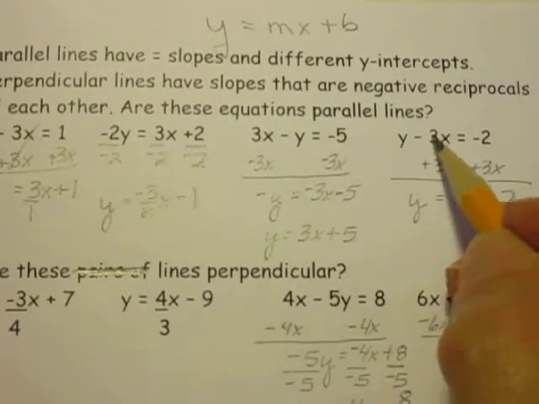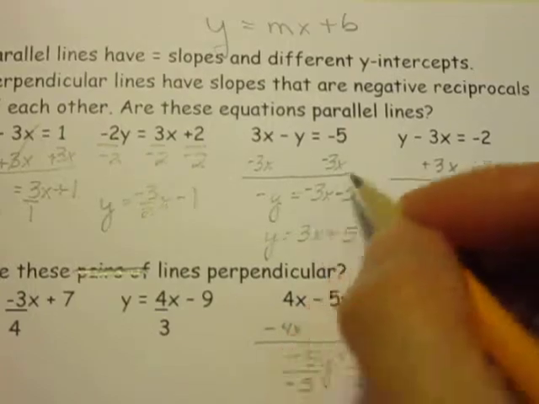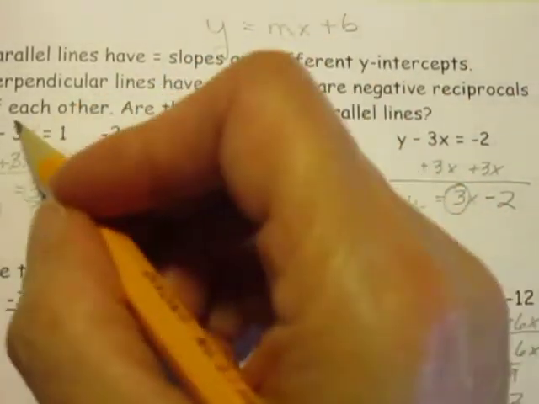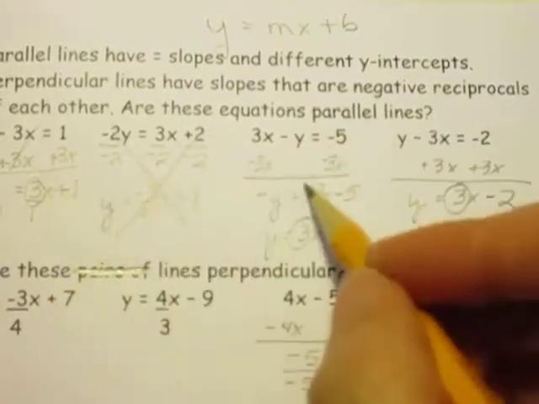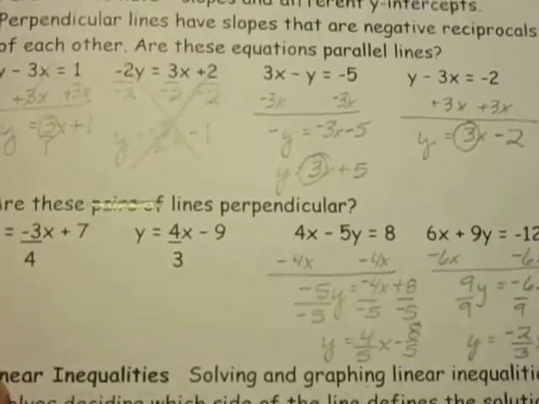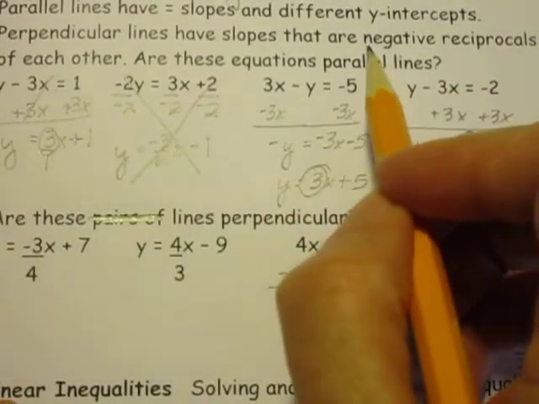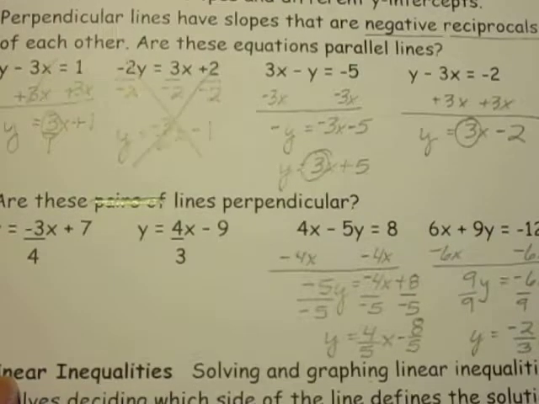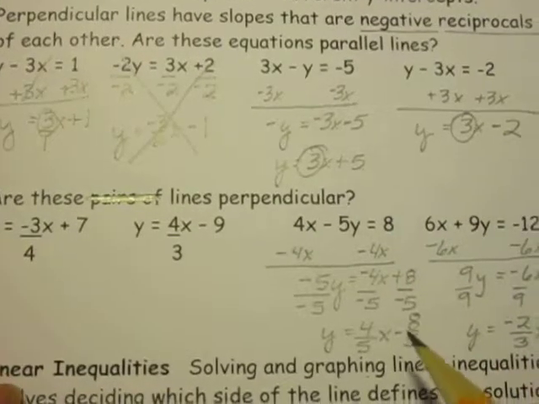Similar thing here, getting y by itself, so we can recognize that we have the same slope here, here, and here. So these other 3 are going to be parallel. When I'm looking for perpendicular, I'm looking for slopes that are negative reciprocals. In other words, the signs are different and they're a flip of each other.